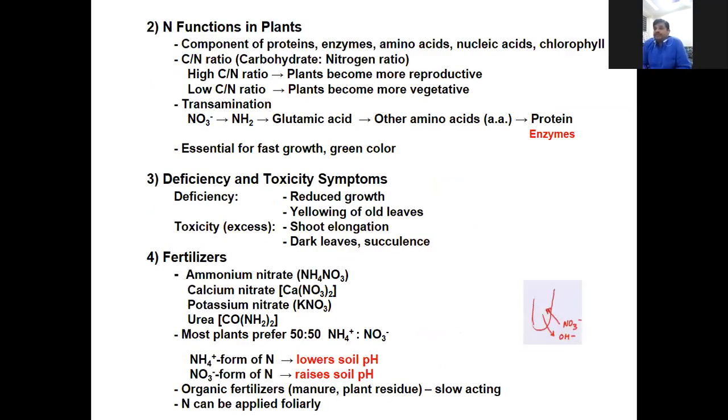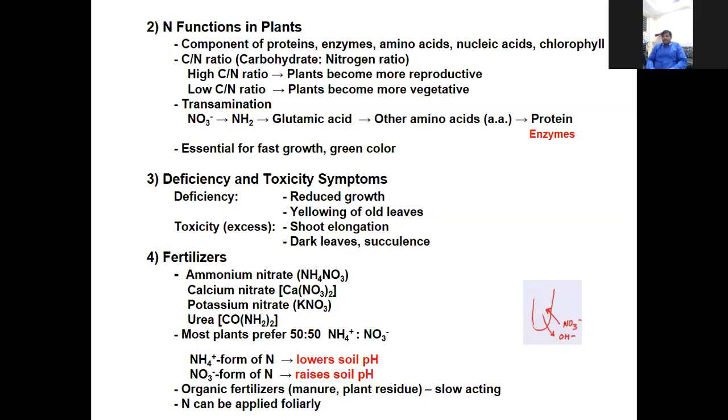Okay, let's start with functions of nitrogen in plants. Nitrogen is a component of all proteins, enzymes, amino acids, and nucleic acids. It is required for the CN ratio, carbohydrate and nitrogen ratio. With a high CN ratio, the plant becomes more productive, as carbohydrate will be produced with the help of nitrogen in the chlorophyll.